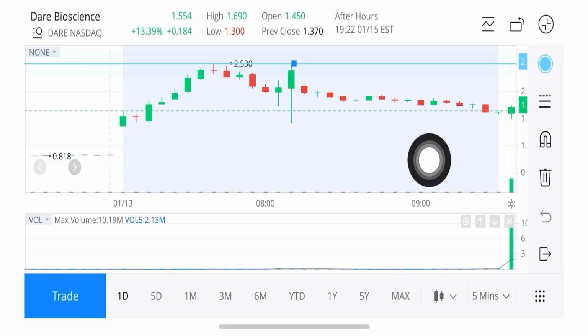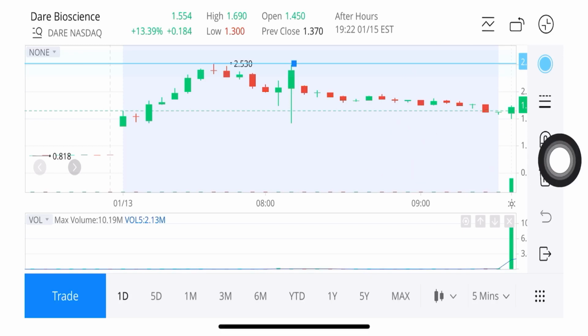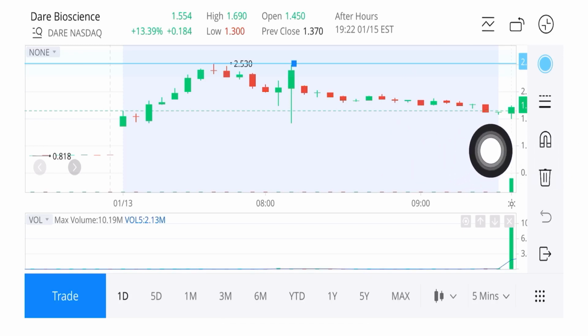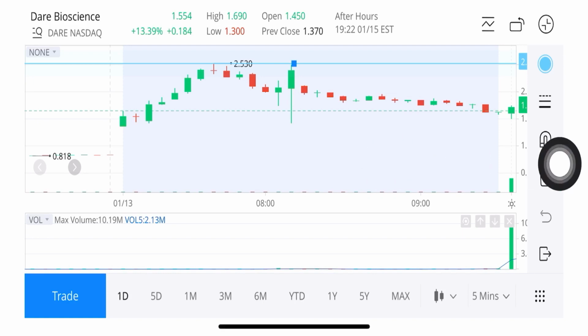But the likelihood that the next candle, or the next two candles, or probably the next three candles, are going to come all the way up to this level, that's really high hopes right there, and there's no reason to believe that would happen.